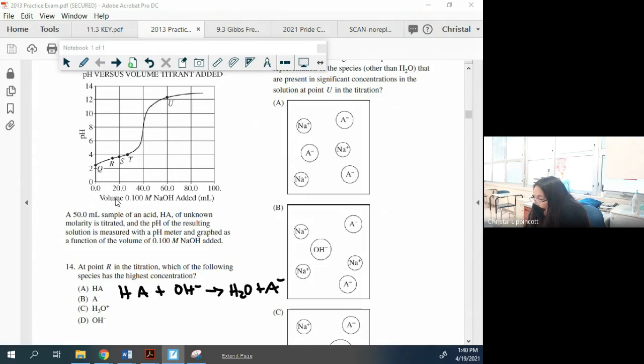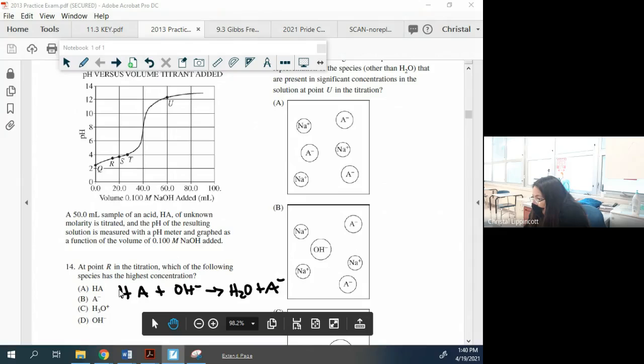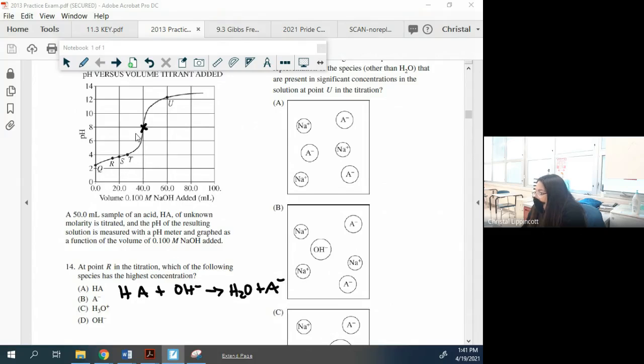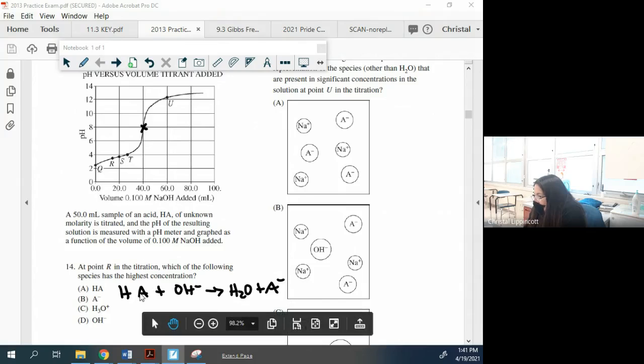Okay. So remember, when we are at S here, our HA and our A minus are going to equal each other. That's the half equivalence point. That means that we've used up half of this stuff, half of it's gone, and we formed an equal amount of this. How did I know that that was the half equivalence point? Because this is my equivalence point. It's at 40 mL, so my half equivalence point has to be 20 mL. So at this point, this guy equals this guy.